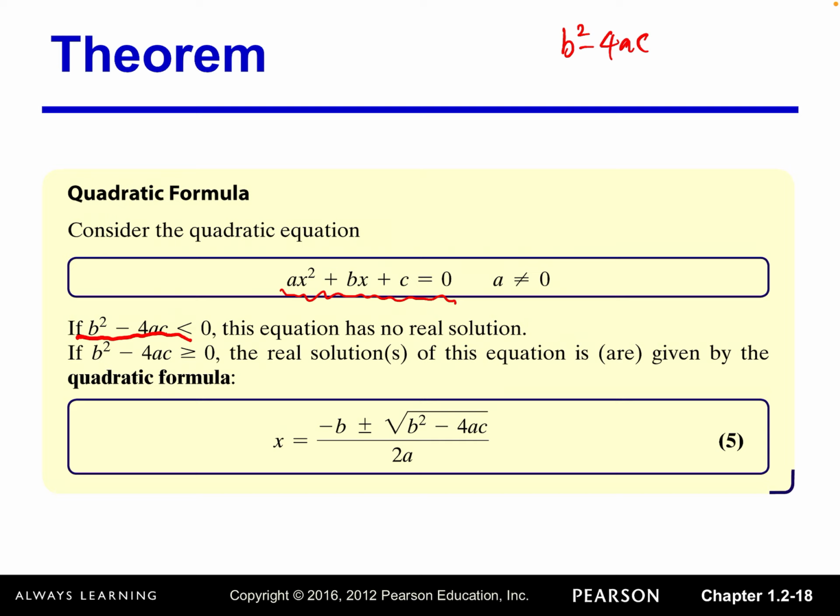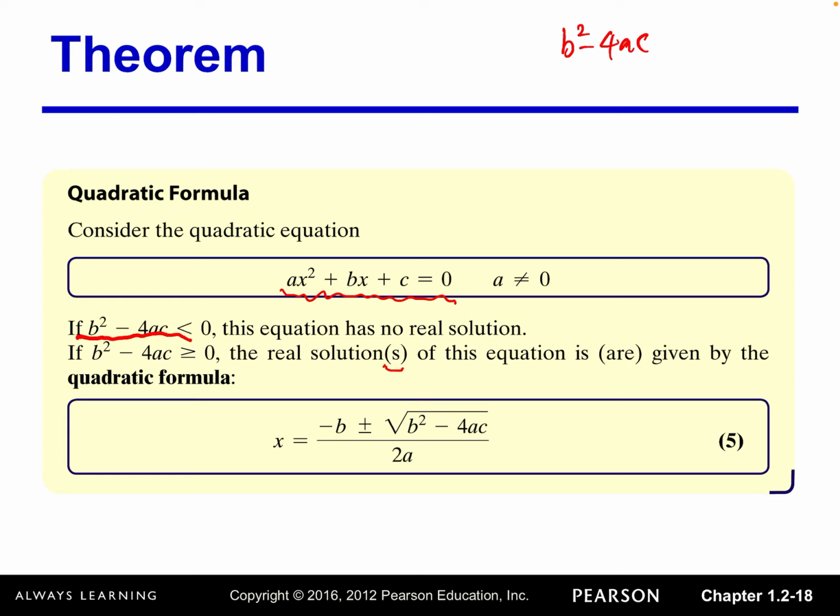If the discriminant is greater than or equal to 0, which is a non-negative number, then the equation has real number solutions. Here it could be 1 or 2, right? It has real number solutions and is given by the quadratic formula.